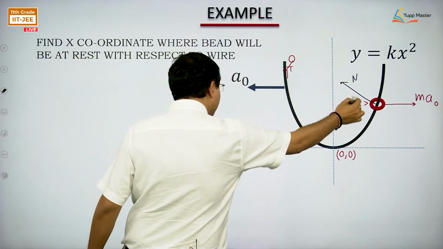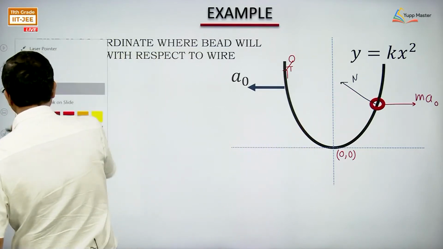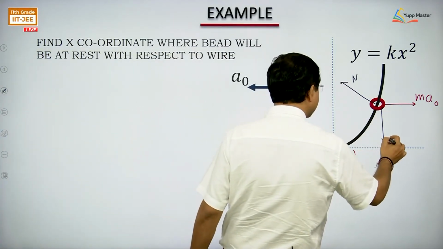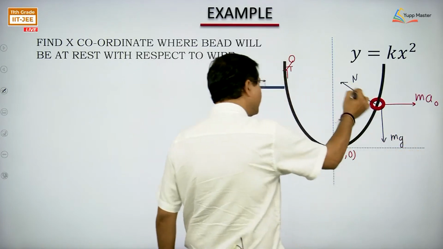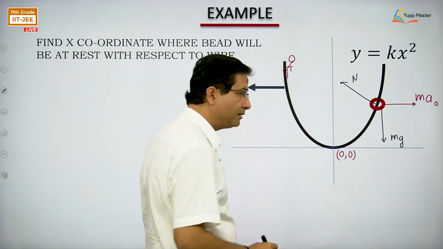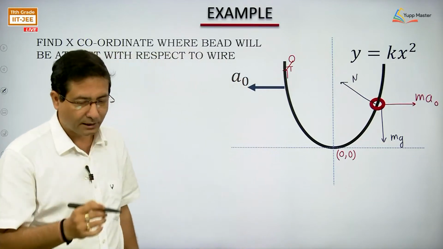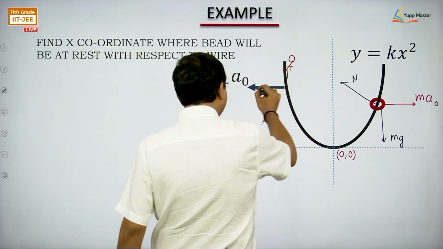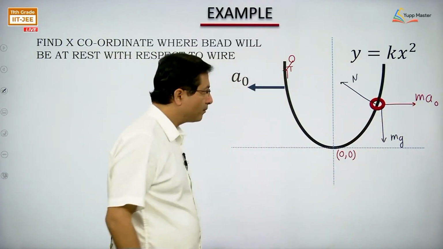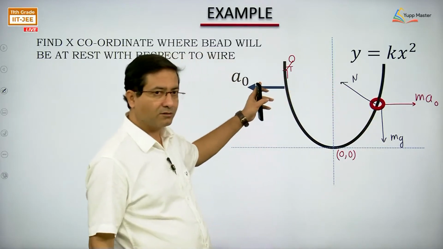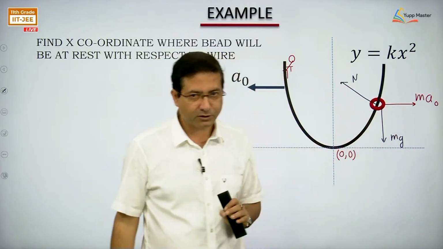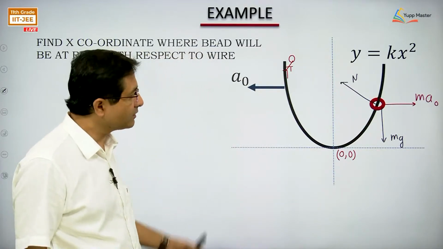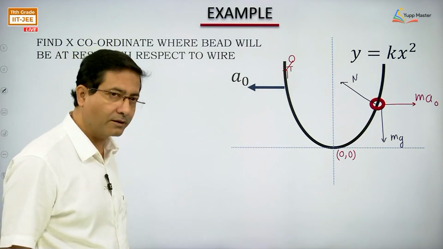So for the time being let's remove this x, and there will be the field force mg acting in the downward direction. So two real forces: the normal reaction coming from the wire on the bead, and another, the field force mg acting in the downward direction. Along with that, as our frame is non-inertial, I'll add the pseudo force, mass of the object times acceleration of the frame, direction opposite, right? So these are the forces observed by the observer.